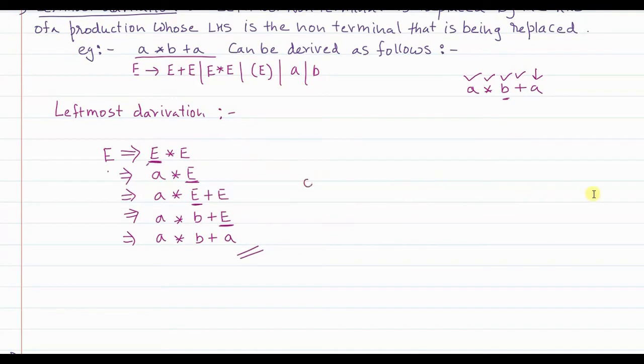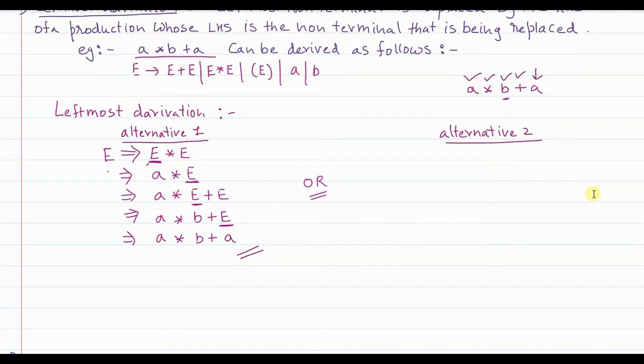Now you will observe that there is another alternative. So this I will call as alternative 1. There is also another alternative for leftmost derivation in my case here. What is another alternative?